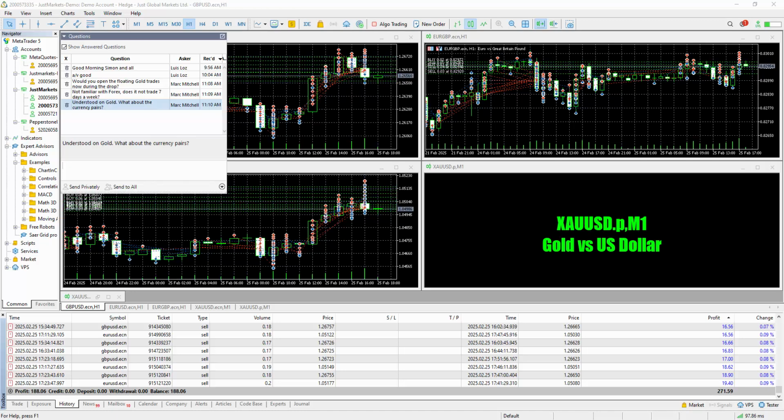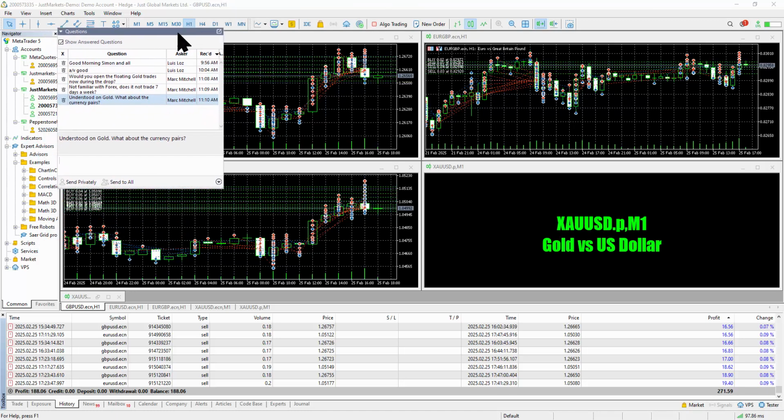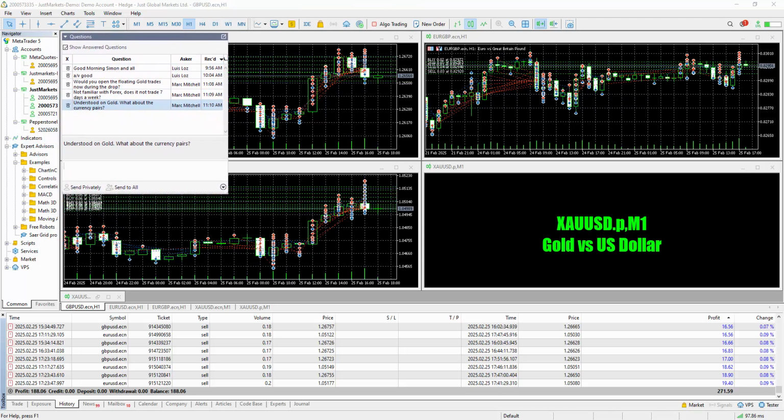The only problem is that broker does not use MT5. They only support MT4. Therefore, MT4 will most likely be ready in a month from today, and we're going to offer that broker too. I know MT4 is very, very popular.